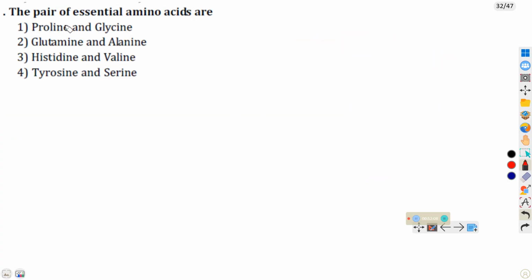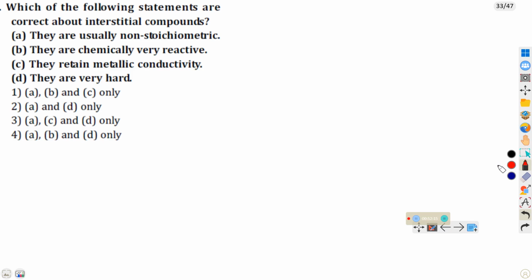The pair of essential amino acids are histidine and valine. Which of the following statements are correct about interstitial compounds? They are usually non-stoichiometric: correct statement.